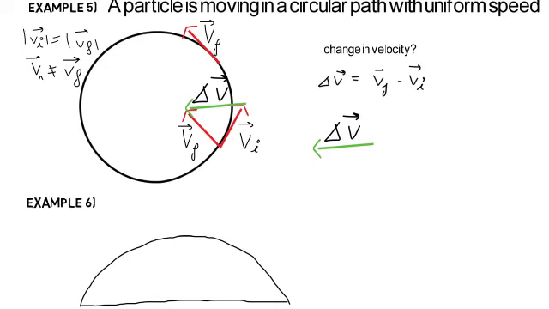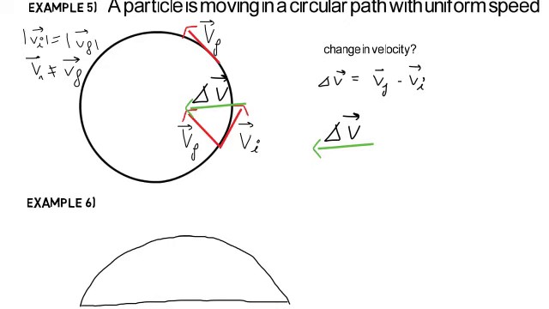So in this case, both the speed and the velocity change. In the previous question, only the velocity was changing, not the speed. The speed decreases as the particle goes up, and it increases as it comes down. The velocity direction is always tangential to the path, and it will be continuously changing.